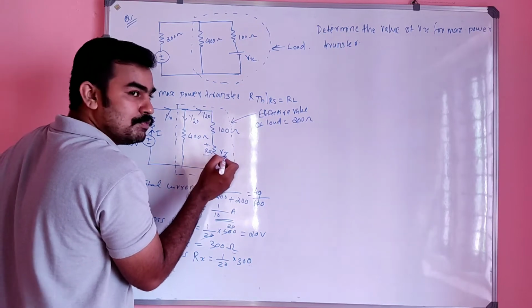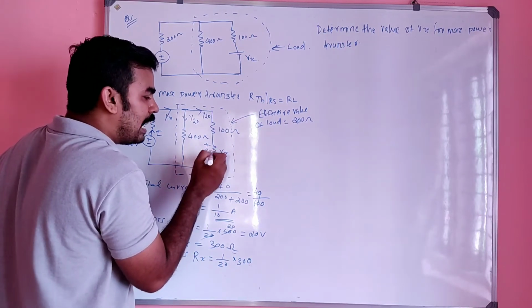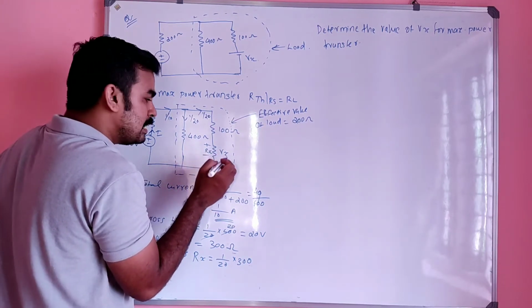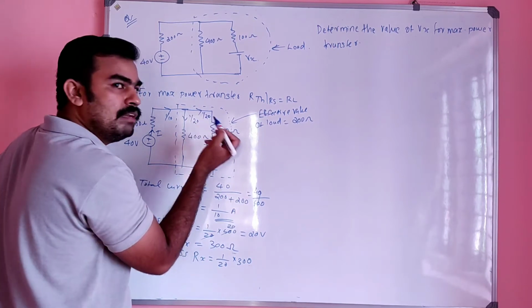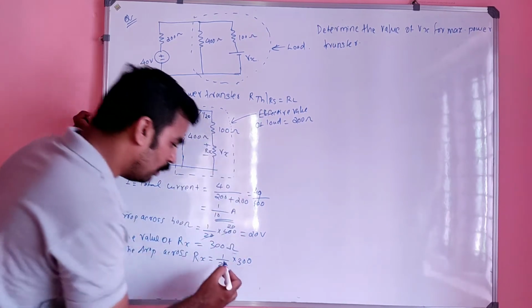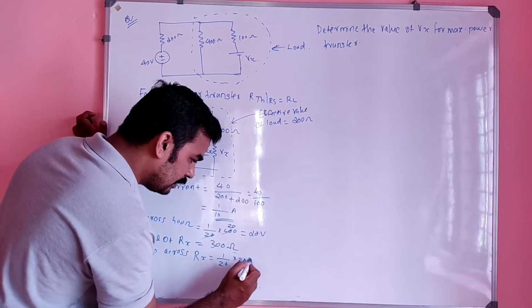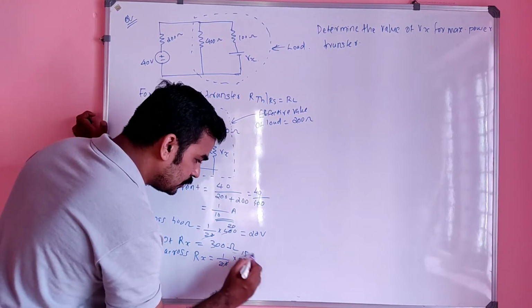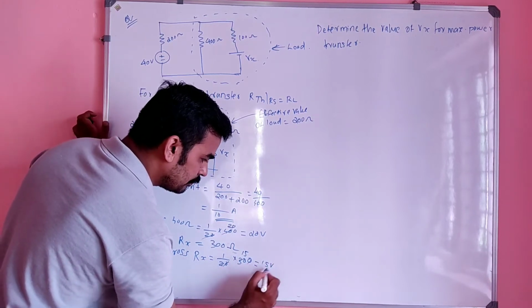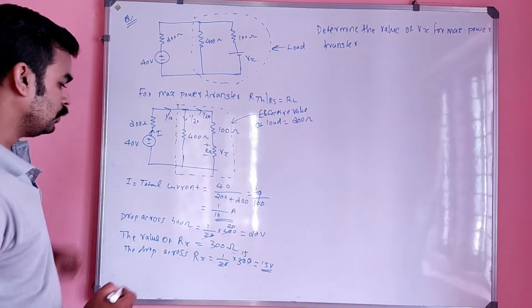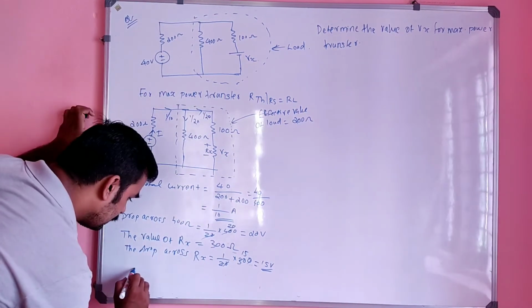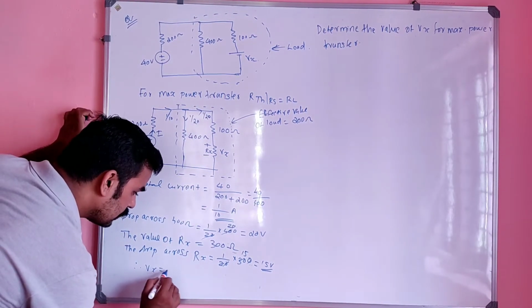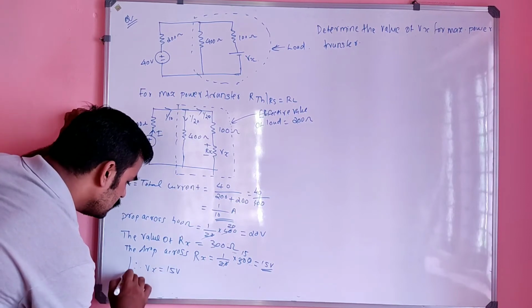This is Rx and this is Vx. You know the value of Rx is 300 ohm, and 300 into 1 by 20 will give the value of the drop. So 1 by 20 into 300 is nothing but 15 volt. So the drop across Rx is nothing but Vx. So this is the answer.